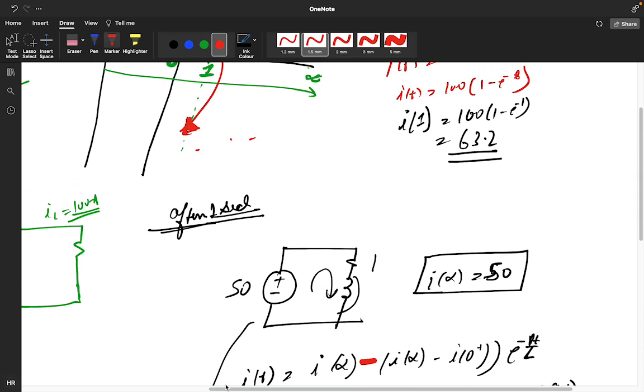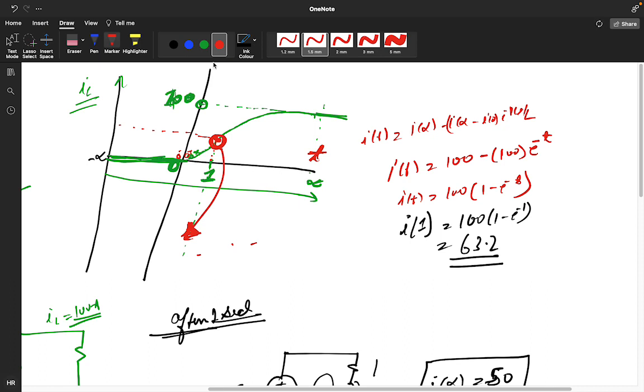So what is happening? See the graph. Up to 1 it's okay, we are receiving this particular thing. But at 1 second I am getting the value of 63.2. But at t equals infinite, it's not going to 100.